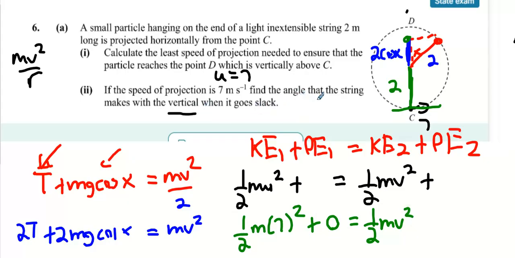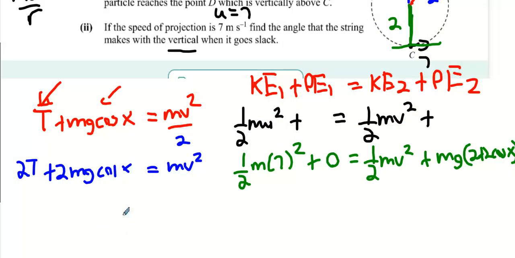Actually, the goal of the question is to find the angle. Okay. So the goal of the question is to find out x. Yeah. And then what about P2? It's mg times what? 2 plus 2 cos x. Sorry, that looks terrible. 2 plus 2 cos x.